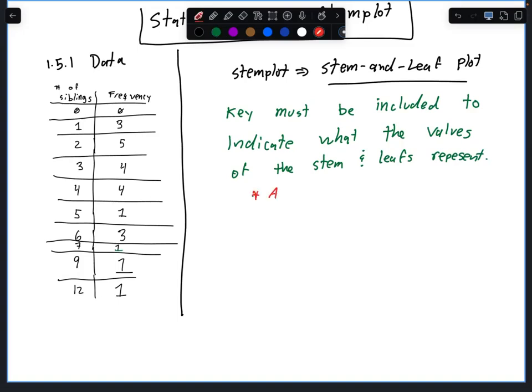It should also include the variable. Now, a really good stem plot will tell us what that number represents. In this class data, what does each value represent? Siblings. So my key should tell me what the number means in terms of siblings.